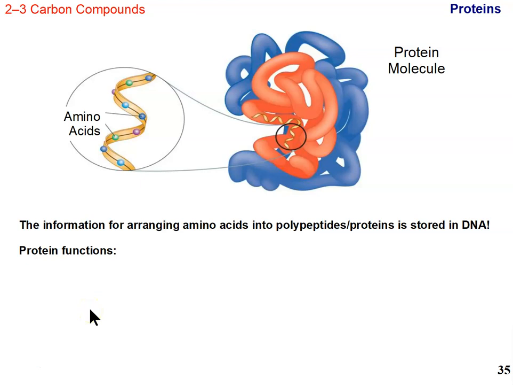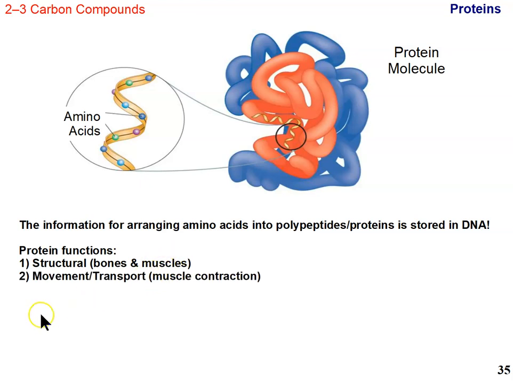They do everything. So we're just going to list here the different functions of proteins, and this is a relatively short list. We're looking at just the major general functions of proteins. So there are structural proteins, like for example, primarily what makes up your bones and your muscles is protein. That's why, when you eat meat, you're eating the muscle of an animal, and you get a lot of protein from that, as you know, nutritionally, and that's because it's mostly made up of protein.